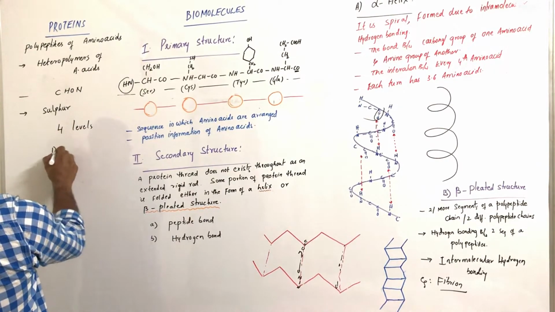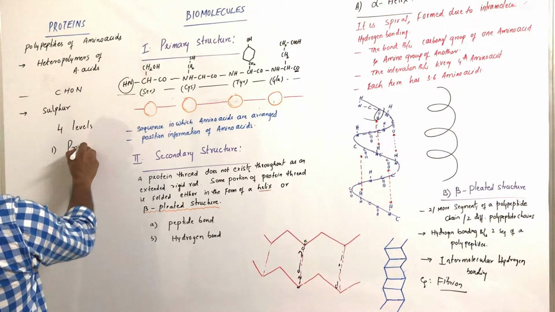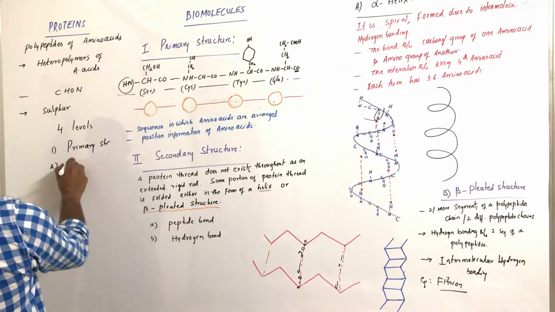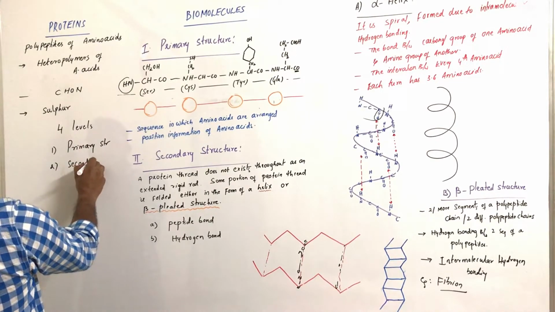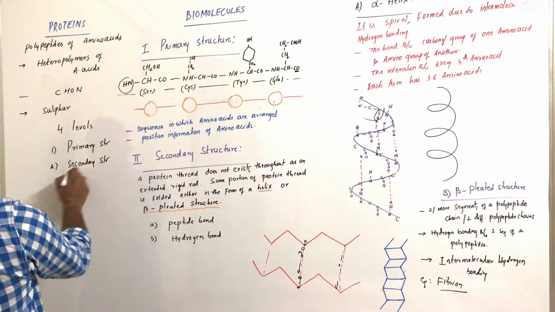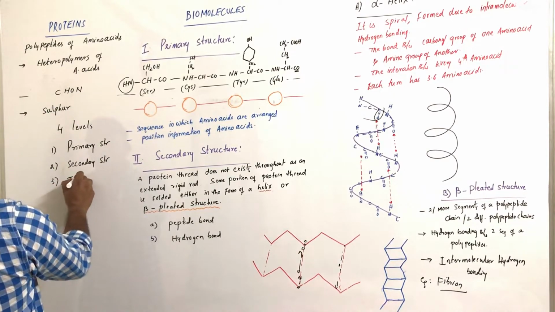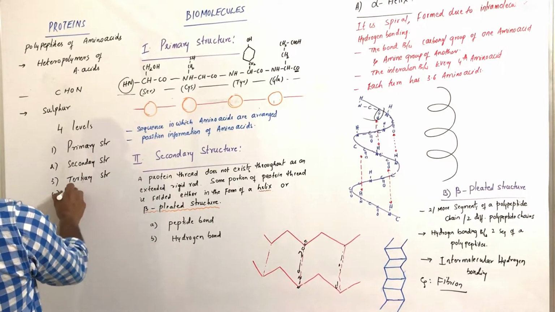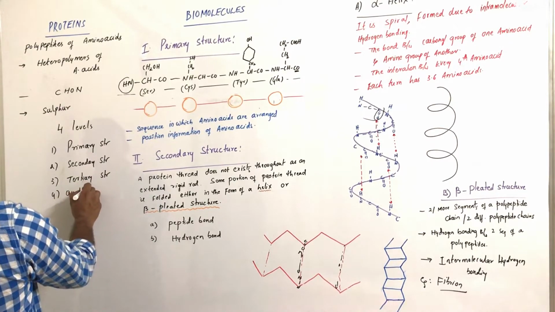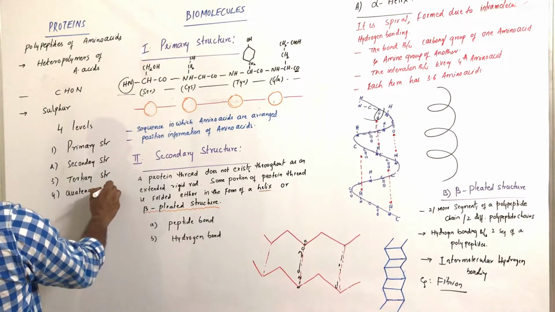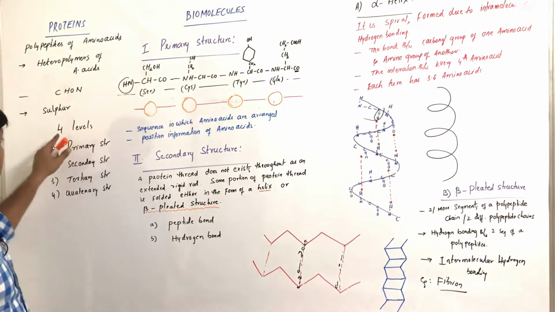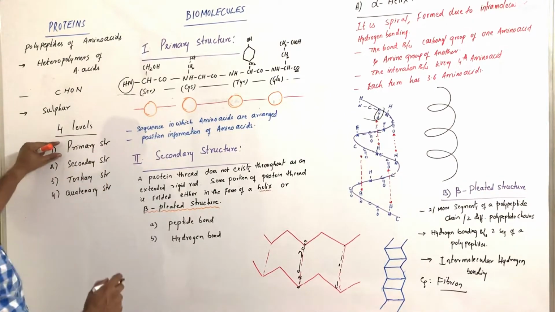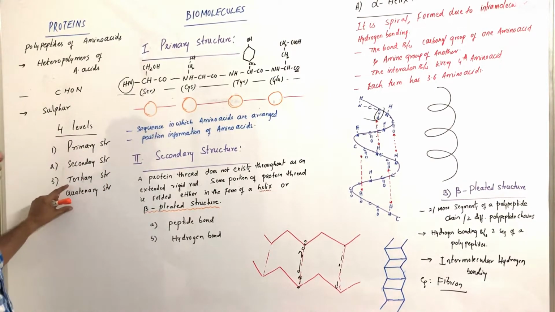Those include, number 1, the primary structure, secondary structure, tertiary structure, quaternary structure. Right? So the structure of proteins can be studied under these 4 levels: primary, secondary, tertiary and quaternary.